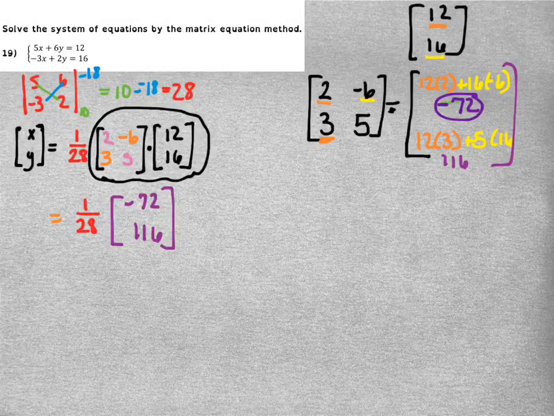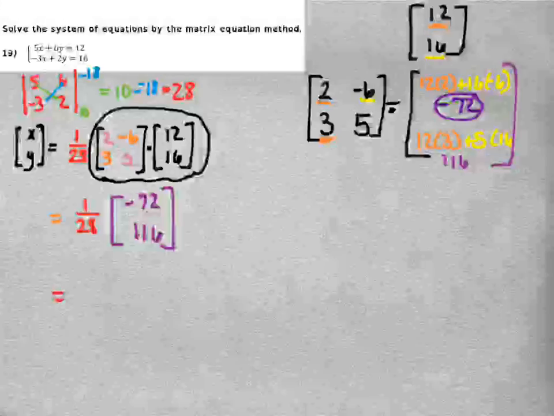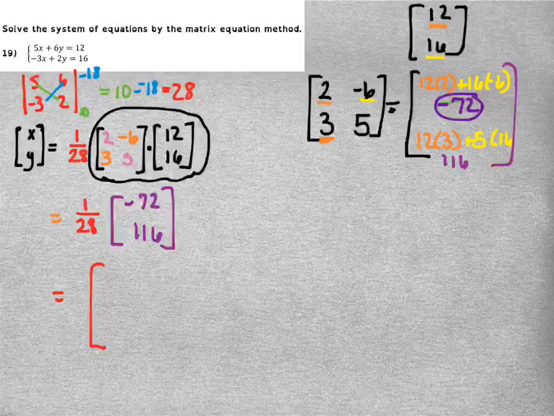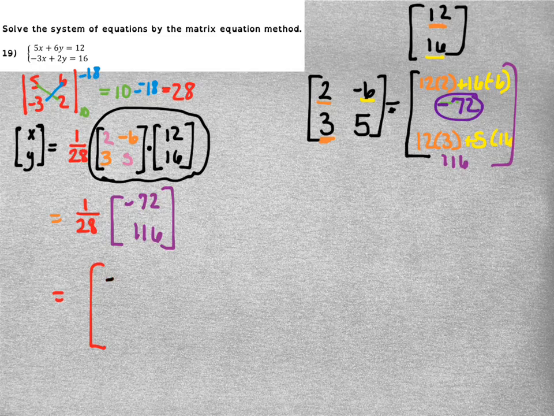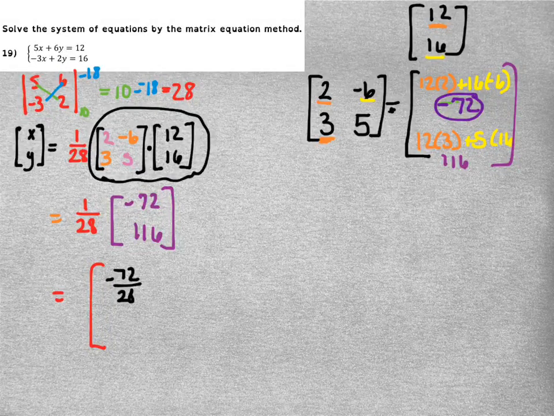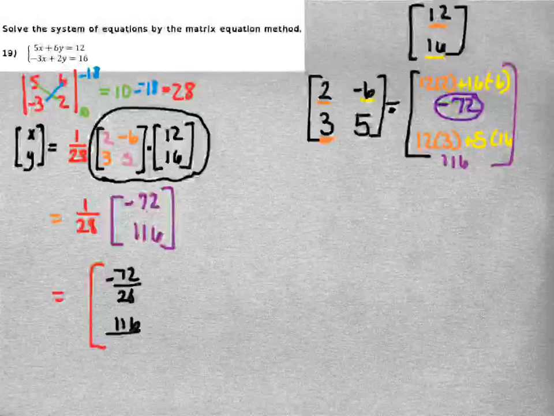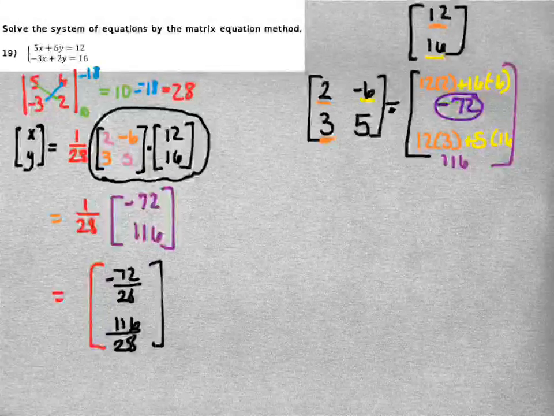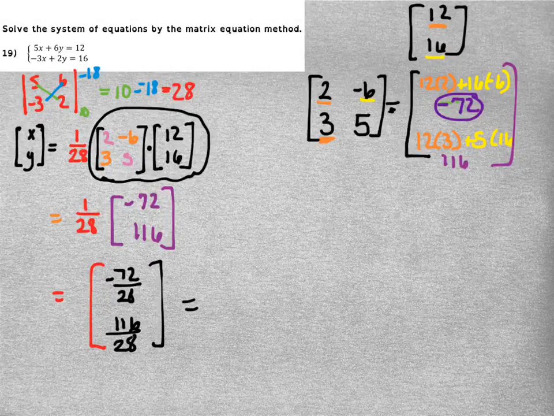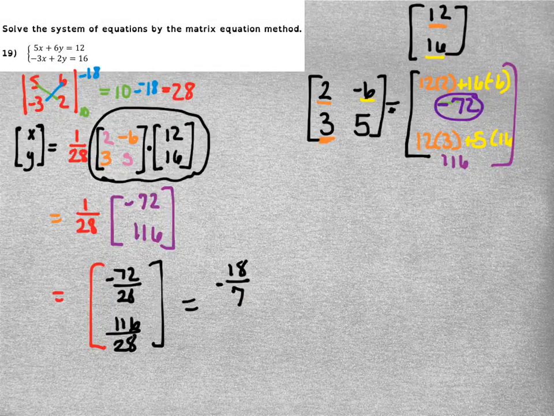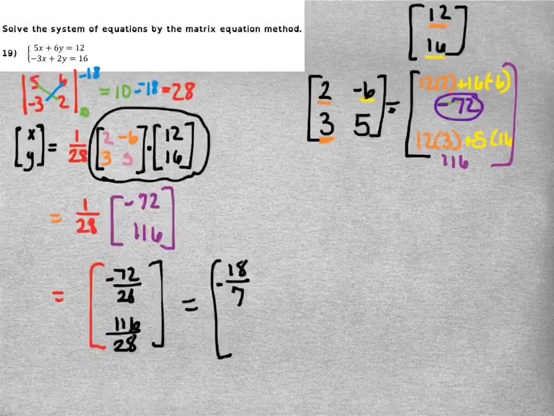And when we multiply that, that gives us a negative 72 divided by 28 and a positive 116 divided by 28. 72 is divisible by 4, and that gives you 18, and 28 divided by 4 is 7, so that's negative 18 sevenths.